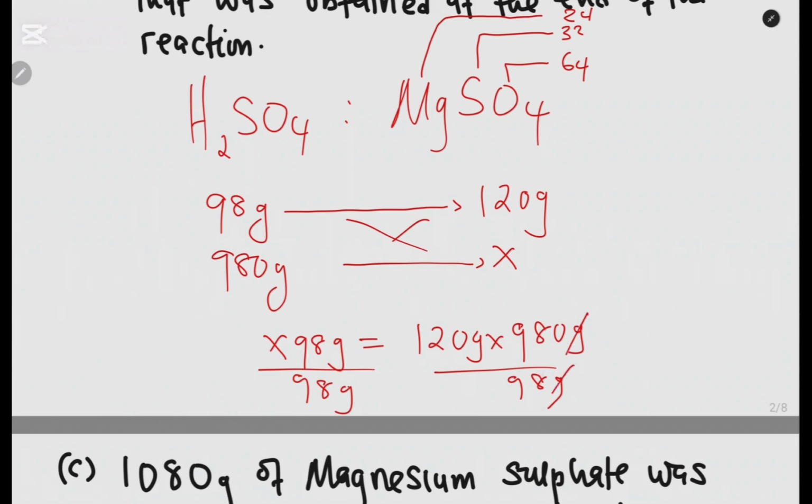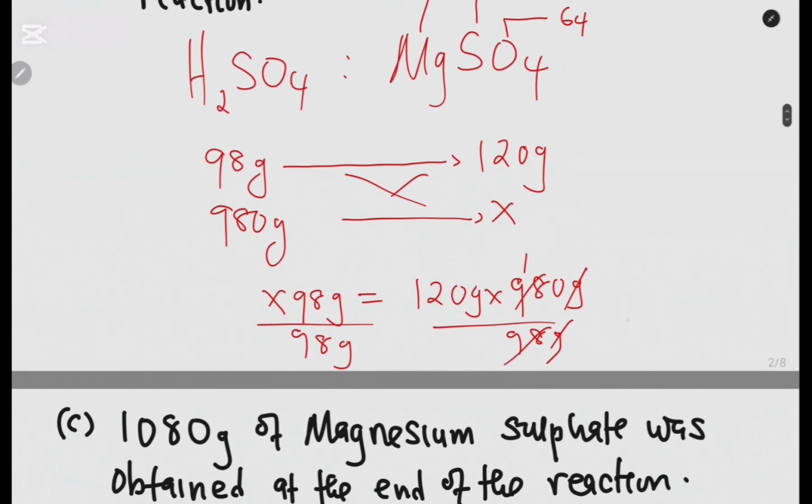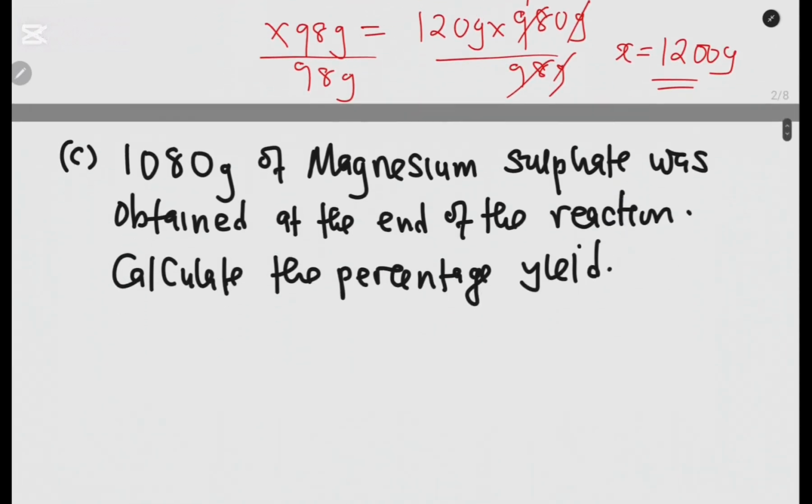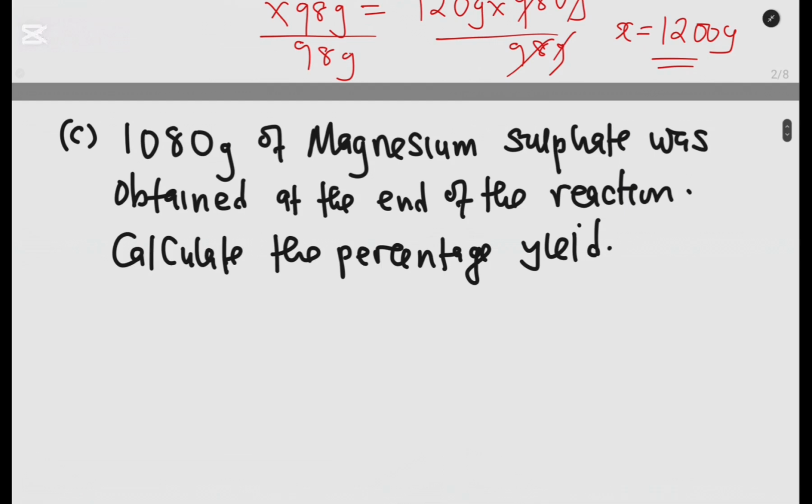So 980 over 98 is just the same as 10 multiplied by 120, which is 1200 gram. So the mass of magnesium sulfate is going to be 1200 gram. Take note of that.